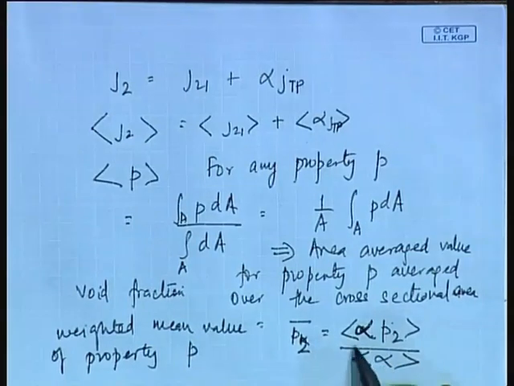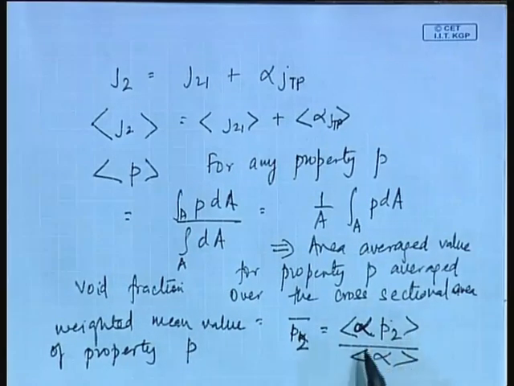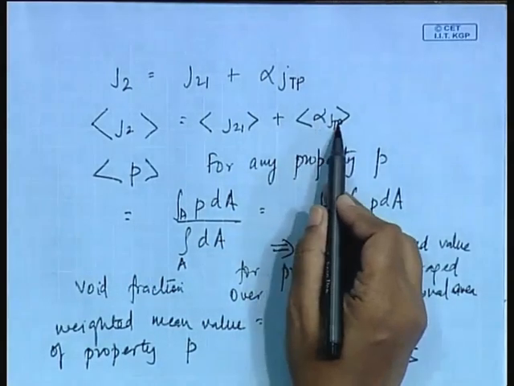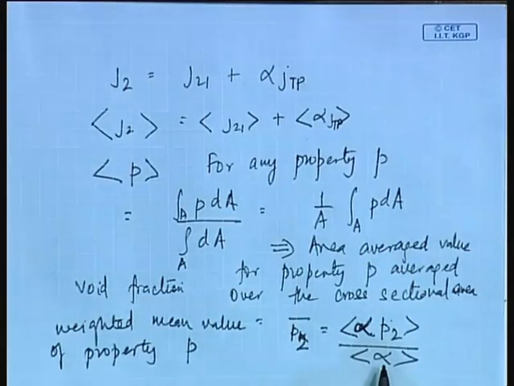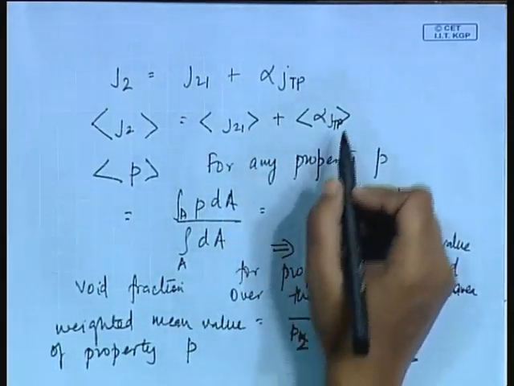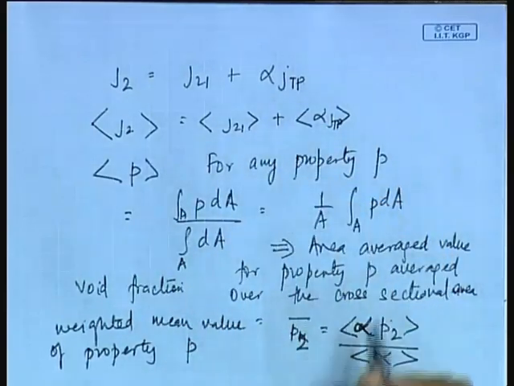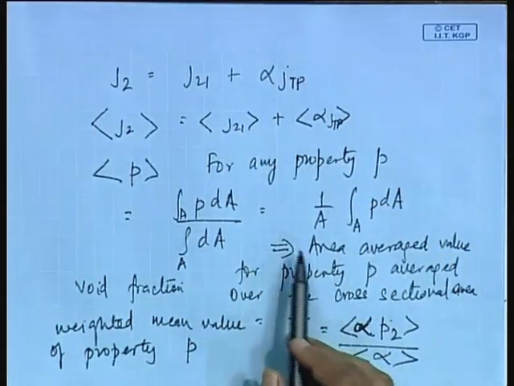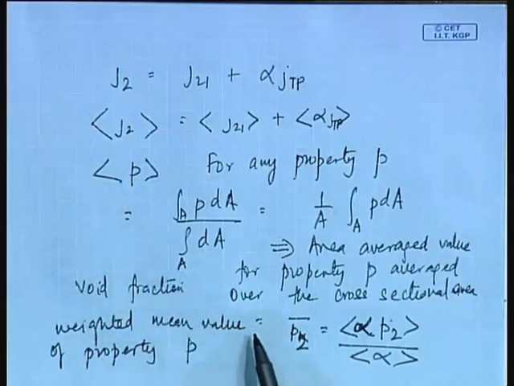Okay. So, this is one particular term which is very important. If you observe this term, you find that alpha times the property will be equal to alpha into the weighted mean value of the property, isn't it? So, there are two particular definitions which we have to keep in mind.